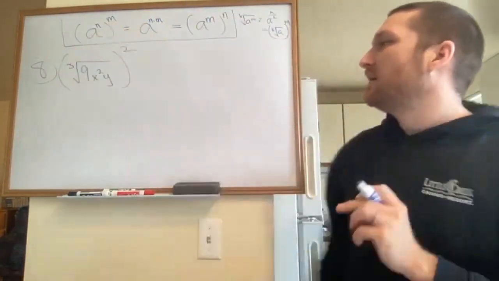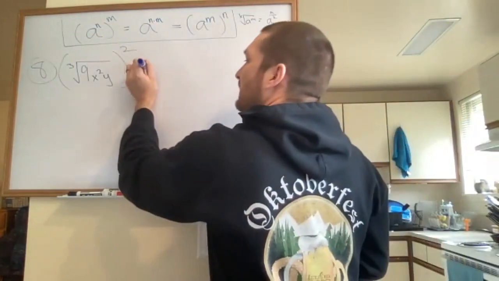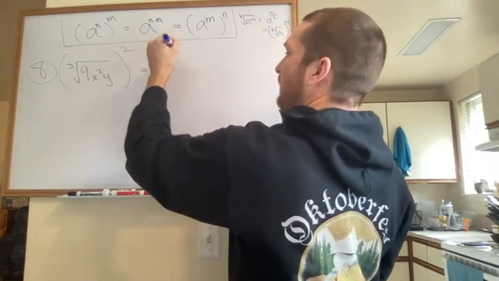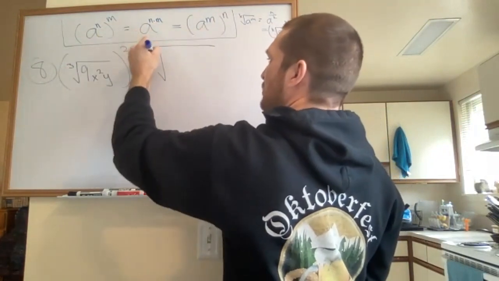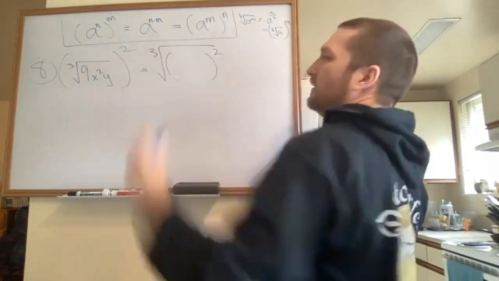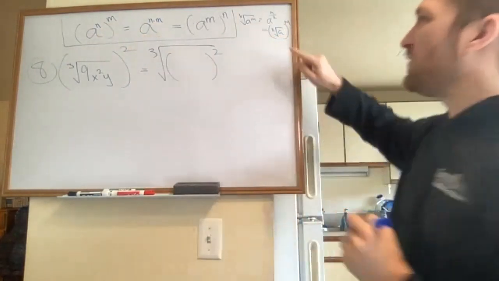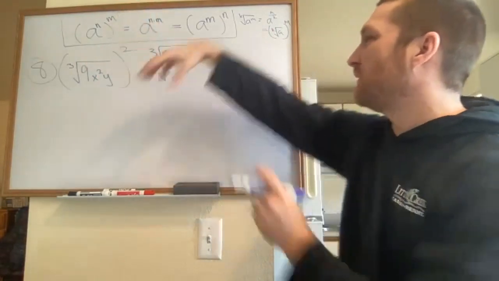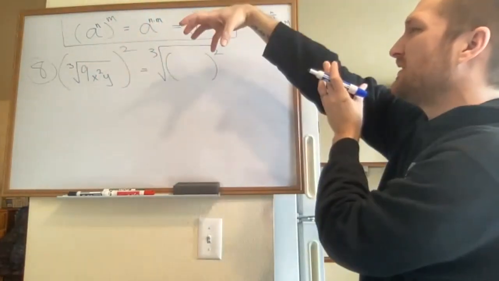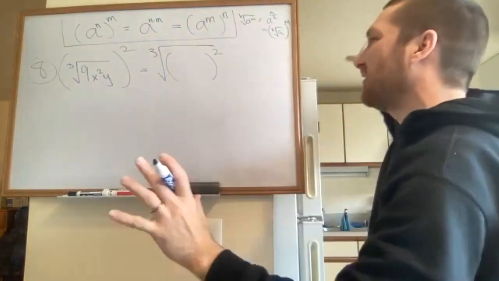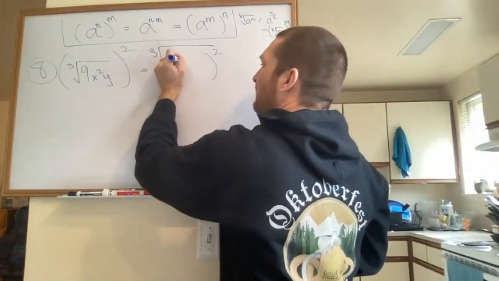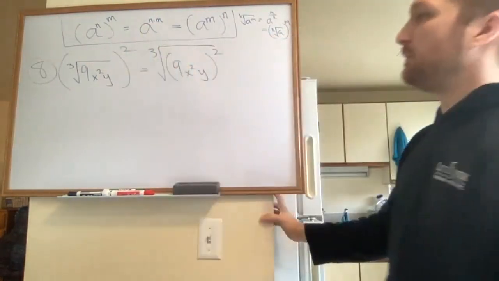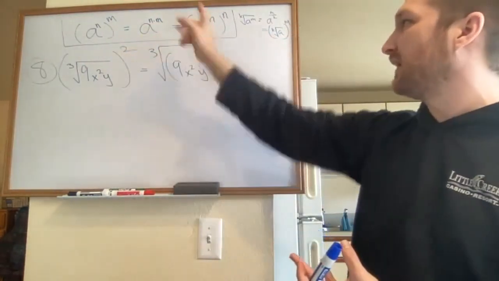But to get to the point here, we could flip this around and say this is the cube root of this stuff squared. I just didn't go through that intermediate step where I had 1/3 and then 2, and then we have 2/3 and then split it so that the third goes on the outside. I just went right for it and said, well, we just flip the order, and it means the same thing, right?